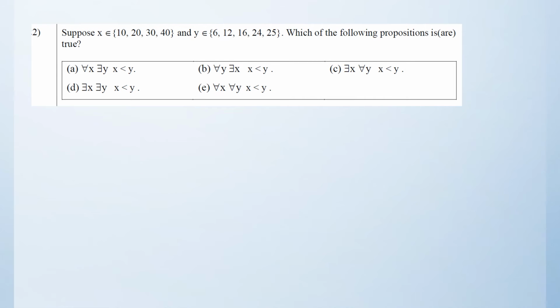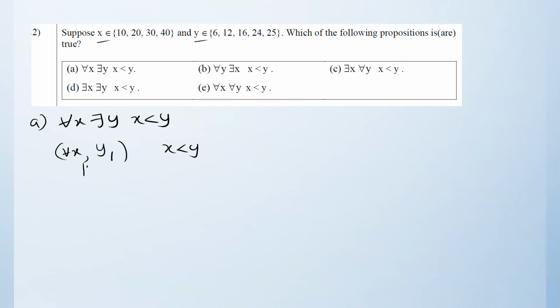Second question. Depending on the sets x and y, we have to identify the proposition which is true out of the 5 propositions given. First one, for all x there exists y, x less than y. This means we should be able to identify at least one y value, suppose y1, which makes the relation x less than y true for all the x values.